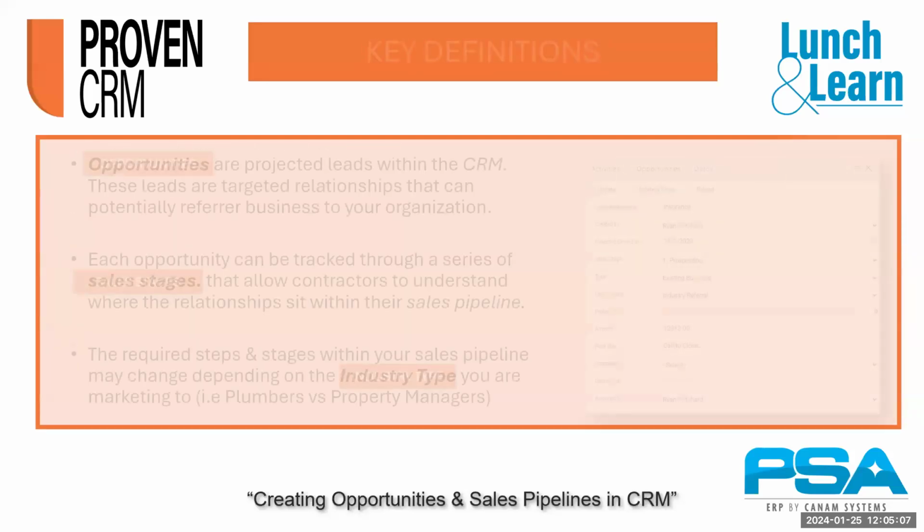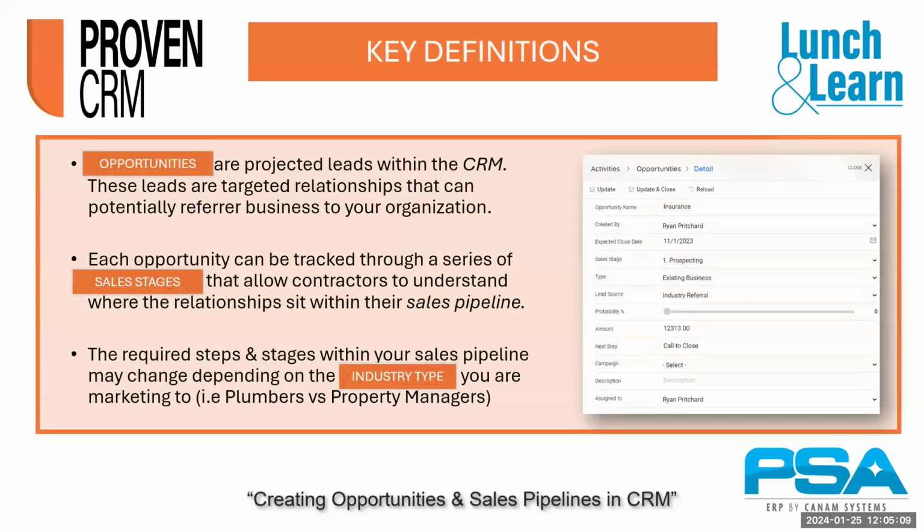So what I'd like to get started with is just a couple of different definitions that we have in the system, so that you may hear these terms mentioned throughout today's presentation and understand where they're coming from. Opportunities are really just projected leads that we have within the CRM. These leads are targeted relationships.